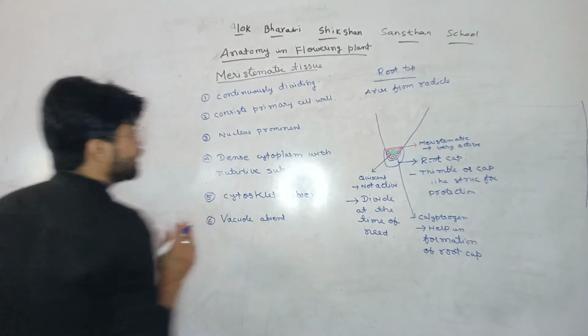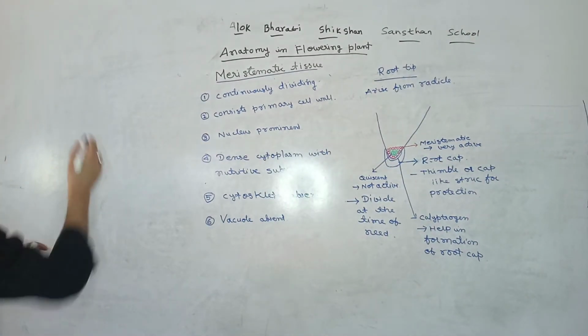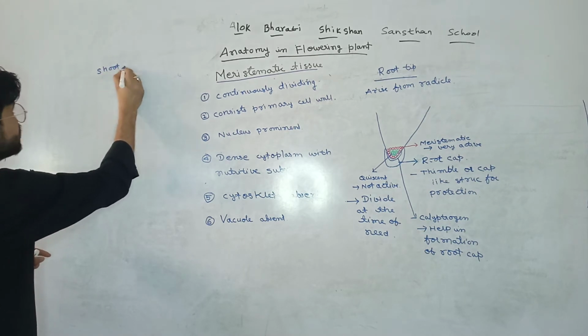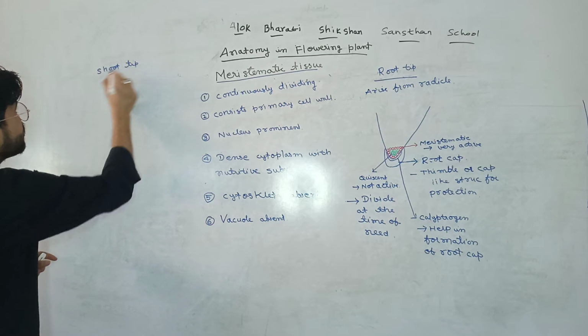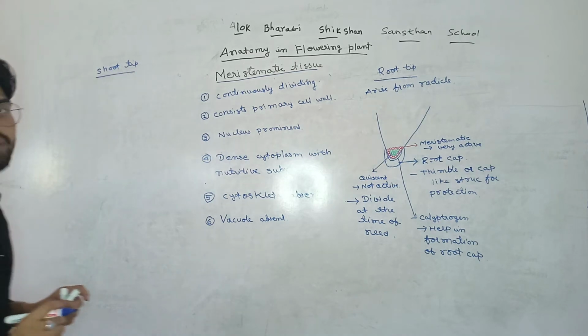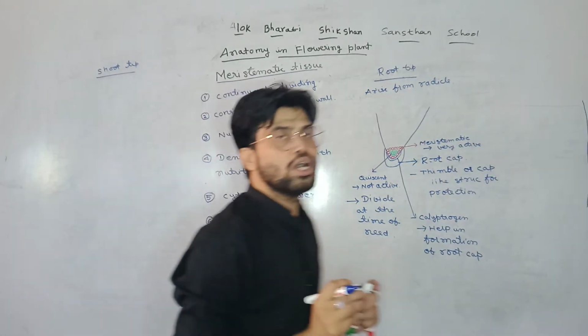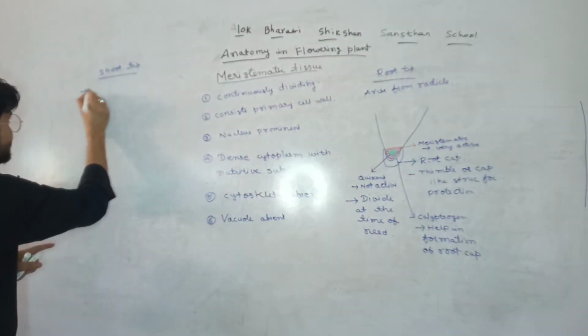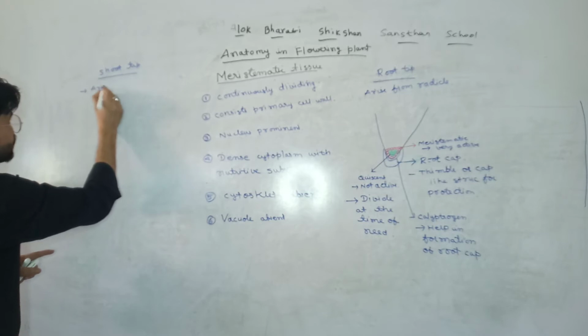Now my dear student, here I am moving to the another branch that is known as shoot tip. We saw that the root arises from the radicle, so this shoot arises from the plumule. So here I am writing it will arise from plumule.